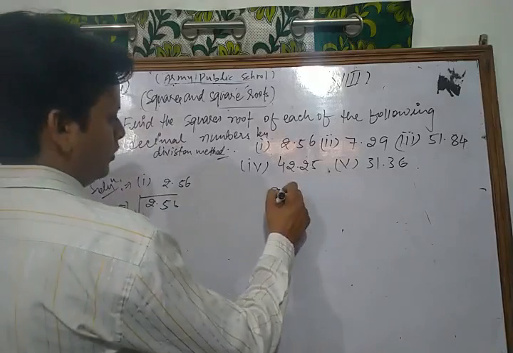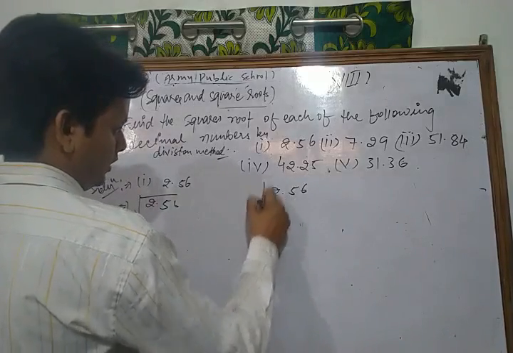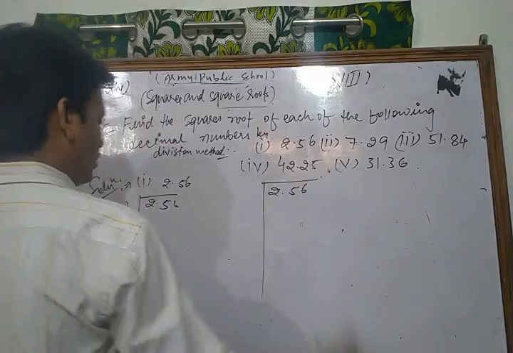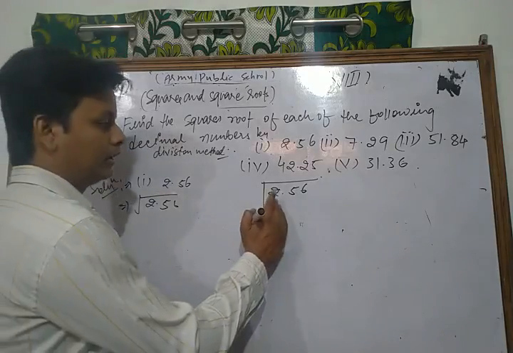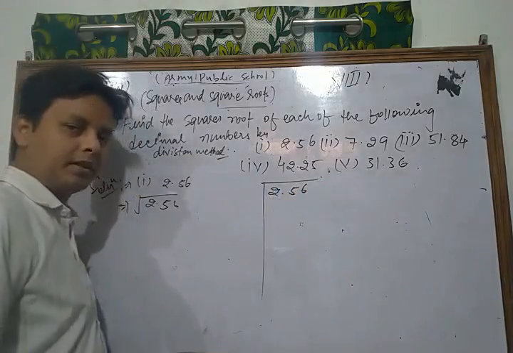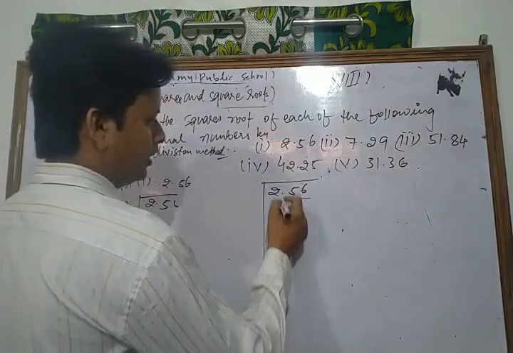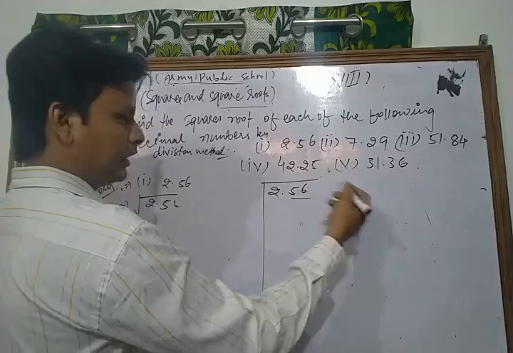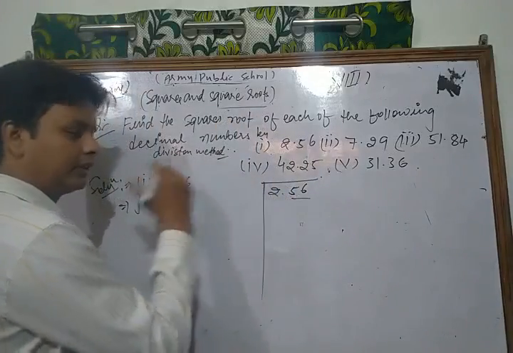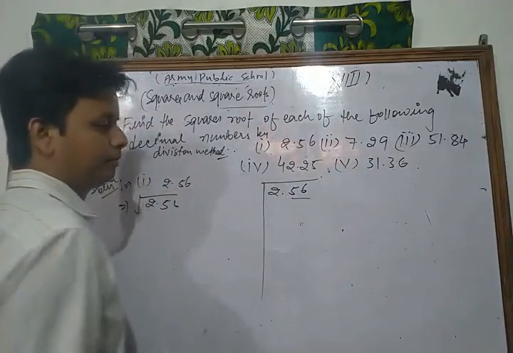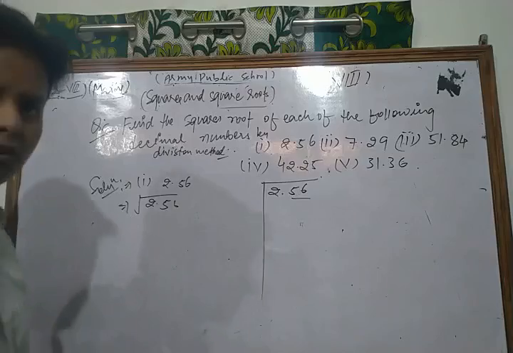So let's see, 2.56. Now, dear students, in that method, we form pairs from the right side. We apply the same process here. After the decimal place, we write zeros and form pairs; on the left side, this is 2 only, one digit, so it does not form a pair.